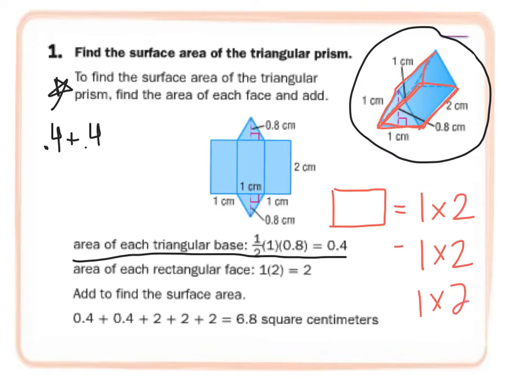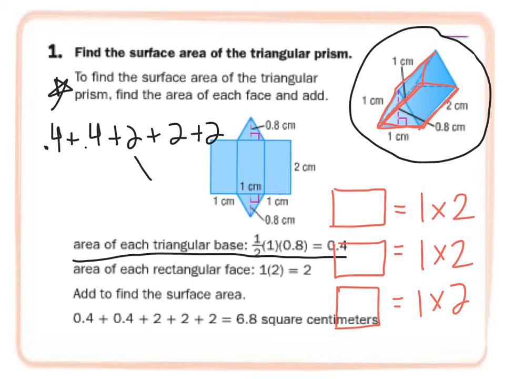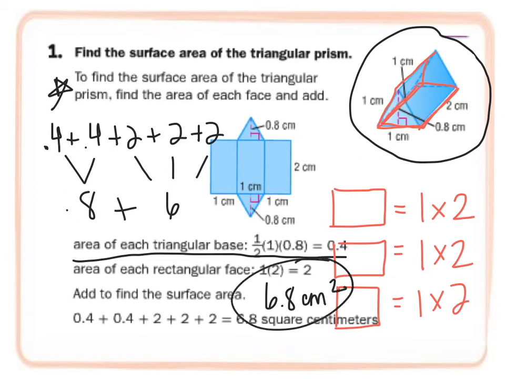So all three faces that I figured out are 2. I'm going to add that to my work over here. I had the 2 triangles, now the 3 rectangles. 2 plus 2 plus 2 is 6. 0.4 plus 0.4 is 0.8. If I add those together, I get 6.8 centimeters squared. And that's how you figure that out.